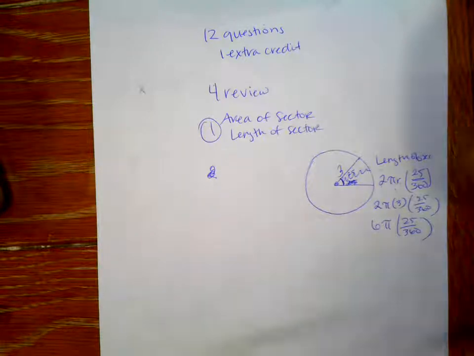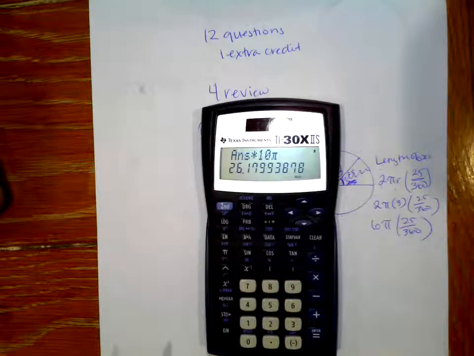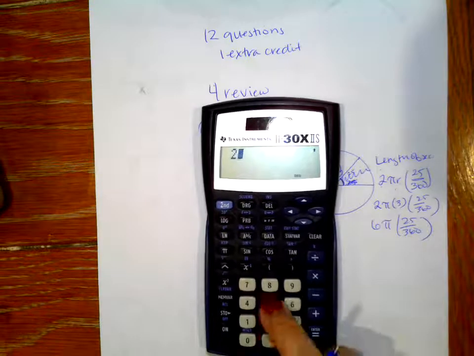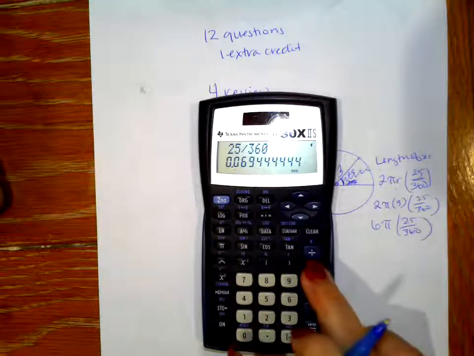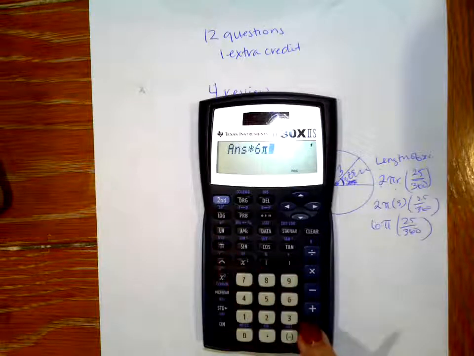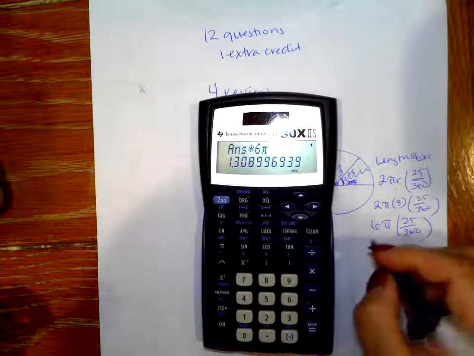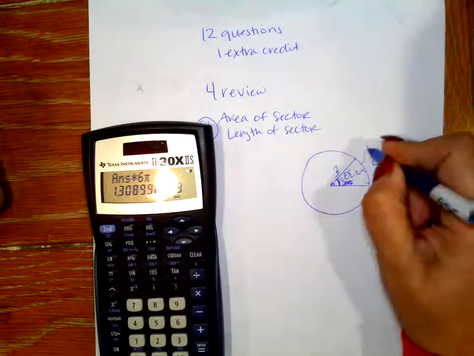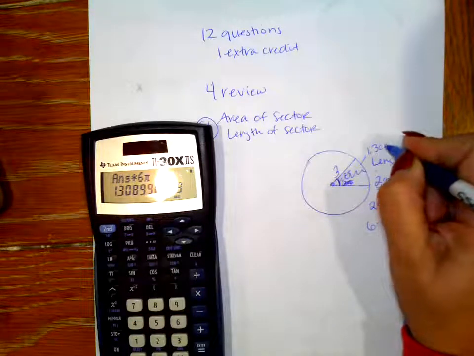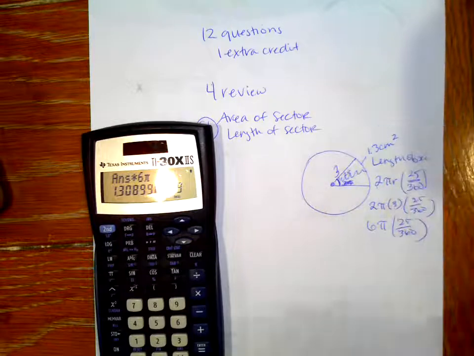And then plug and chug, my friends. 25 divided by 360 equals that times 6 pi. So my length is 1.3, whatever the units are. We'll call it centimeters squared.